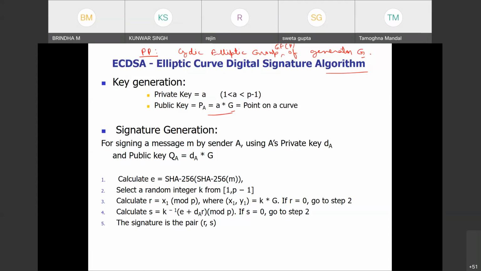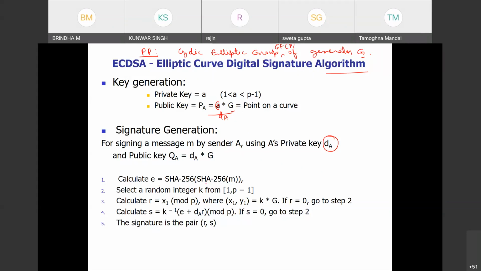Now the signature will be a little bit different. You have to do a calculation like this. You need the private key DA. The private key is A, so this is DA basically. And to compute what? Calculate E. This is the hash function that is used, as you have seen in the morning class.